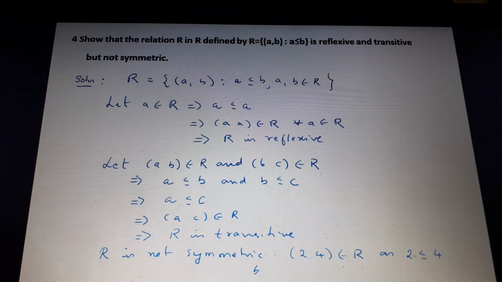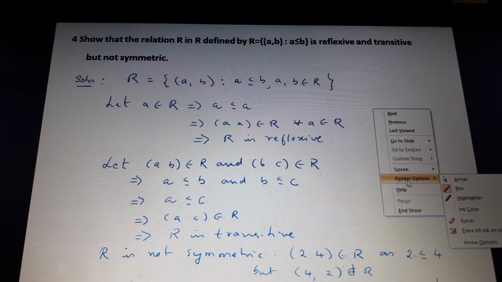But (4, 2) does not belong to R. So this implies R is not symmetric. So this is the proof. So let us take the next question.